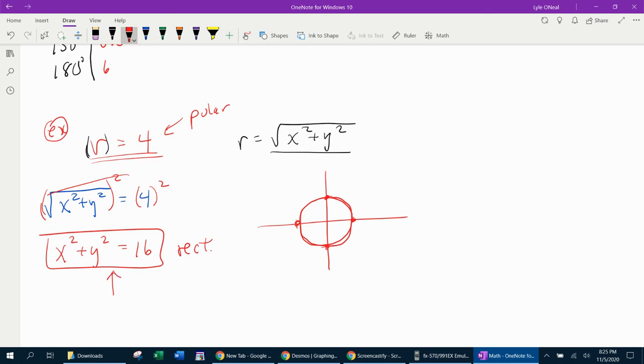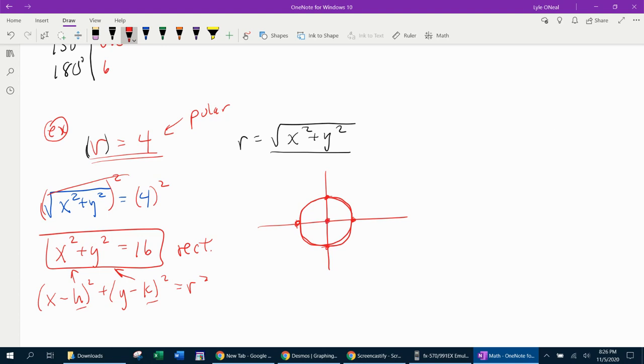X squared plus y squared equals 16. That fits the standard form of the equation of a circle, which is (x minus h) squared plus (y minus k) squared equals r squared, where your h and k represent the center of the circle, and here h and k would be 0 to give us just x squared and y squared.